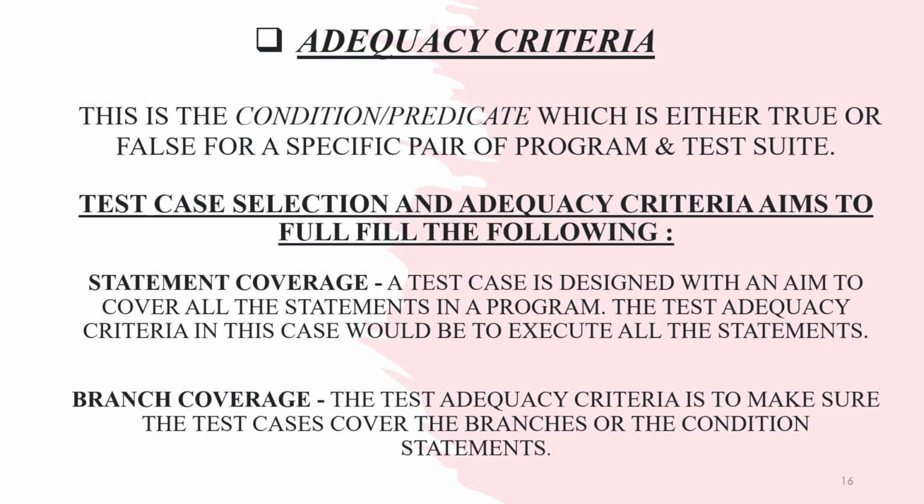Statement coverage. A test case is designed with an aim to cover all the statements in a program. The test adequacy criteria in this case will be to execute all the statements. Branch coverage. The test adequacy criteria is to make sure that test cases cover the branches or the condition statements. Path coverage.